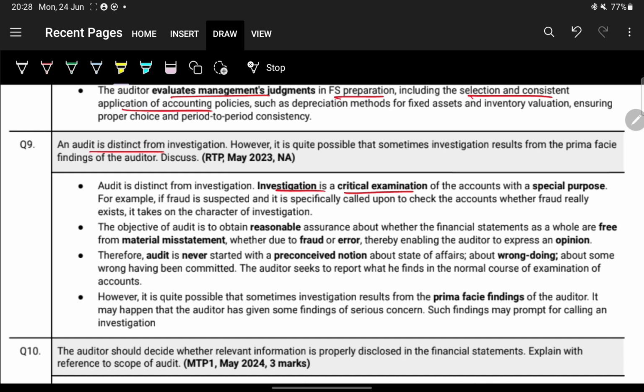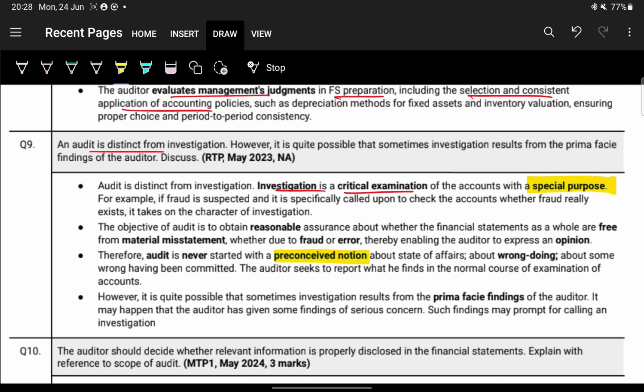If they've said specific purpose, or if they're asking you to conduct any procedures to find out whether something has happened or not, there is obviously a preconceived notion, meaning that you are starting with the thought that there is something wrong. So you are searching to find that particular thing that is already wrong.